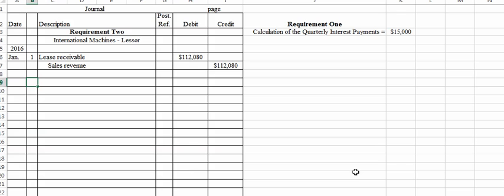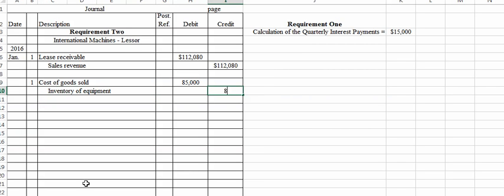Now your textbook combined this into one entry. I think it's easier to handle in two. Also on January 1st, we would debit cost of goods sold for the cost to International Machines, which was $85,000. Then we're going to credit, you probably guessed it already, inventory of equipment.